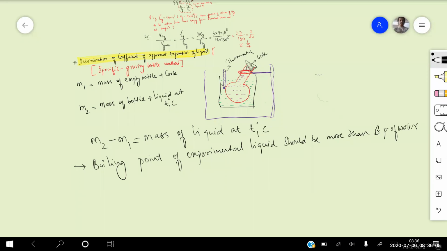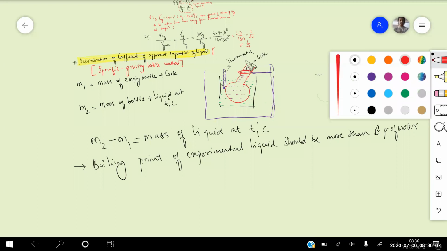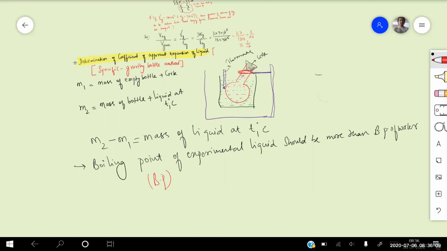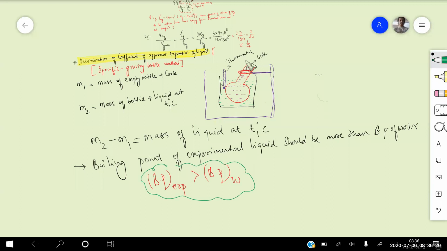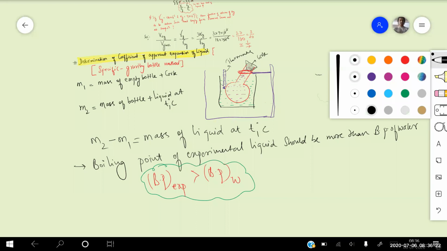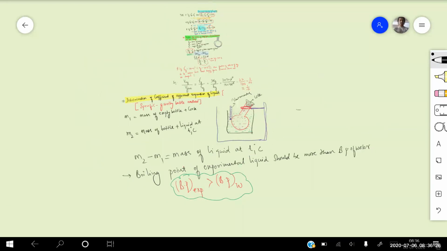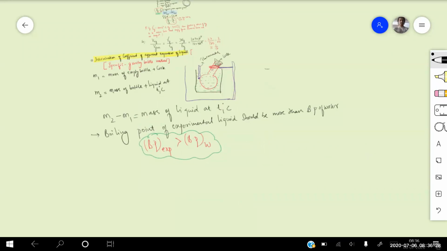So I'm writing here with the red pen: the boiling point of the experimental liquid should be greater than the boiling point of water. Clear? This point you need to remember. Clear?